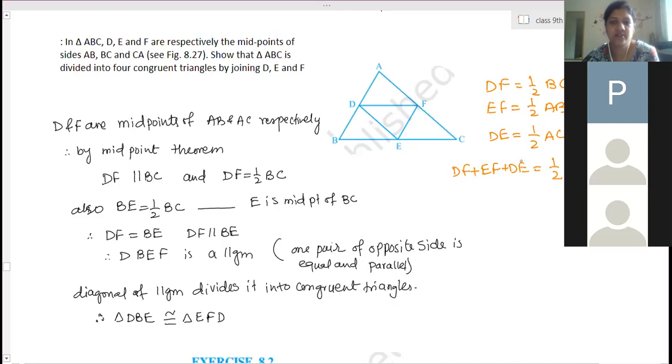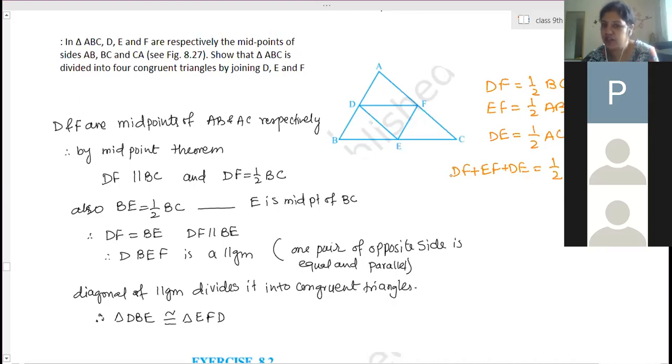What is the sum of three sides? Sum of sides, DF plus EF plus DE, is the perimeter of triangle DEF, and AB plus BC plus AC, what is this? Perimeter of the triangle ABC. So therefore what happened?